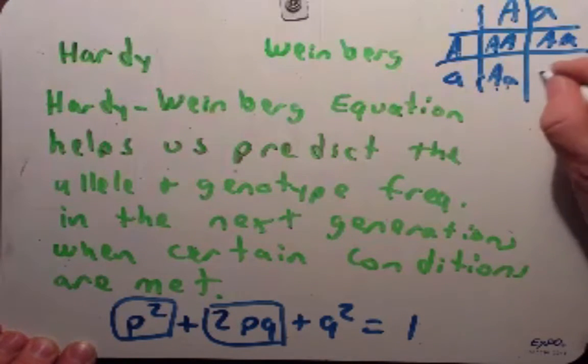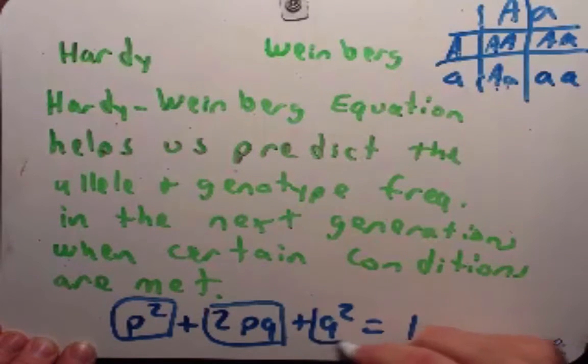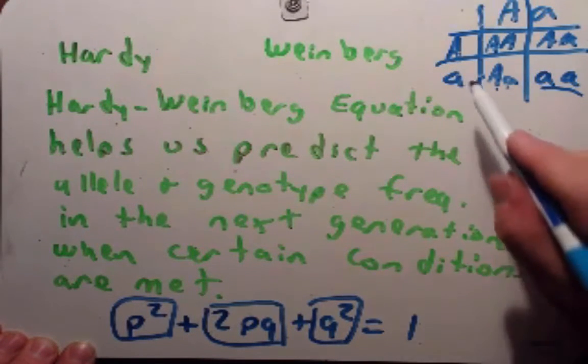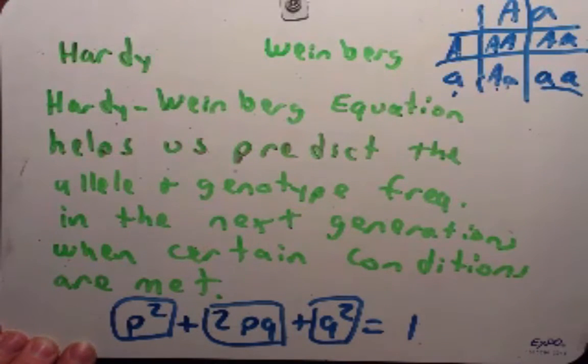q squared is our homozygous recessives. The probability of getting this genotype, little a, say, in this example, by knowing what the frequency of little a is in the population. And it's always going to equal 1. Add up all the different alleles in a population, it should equal 1.